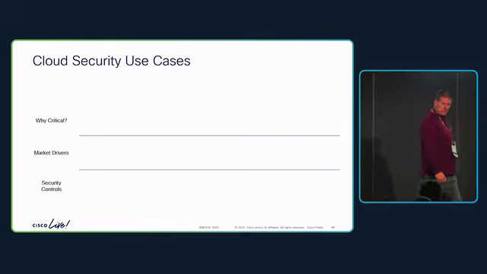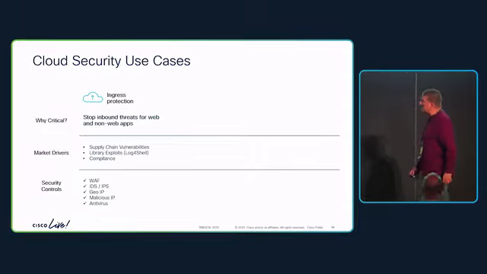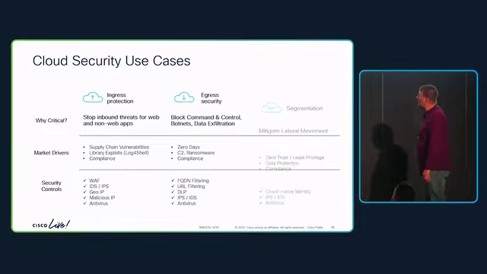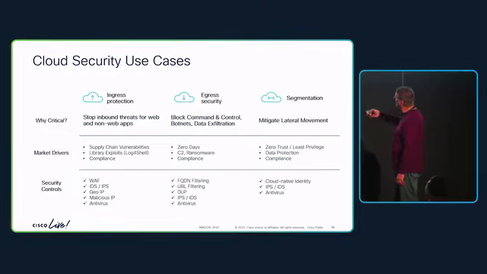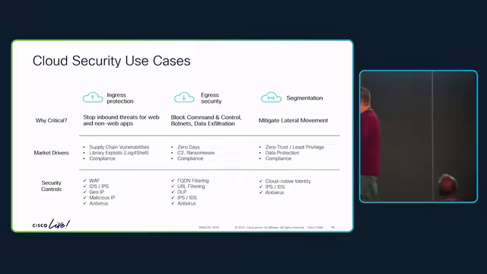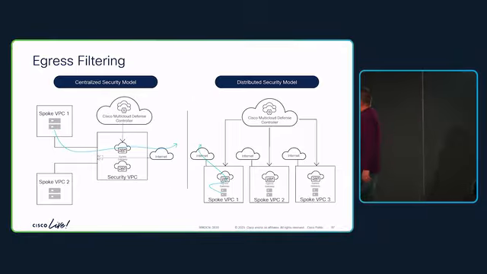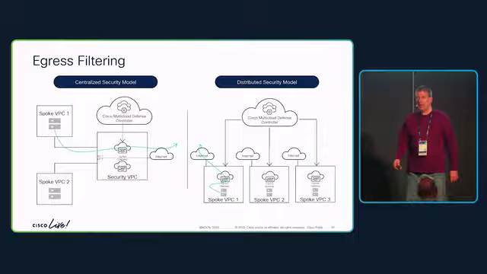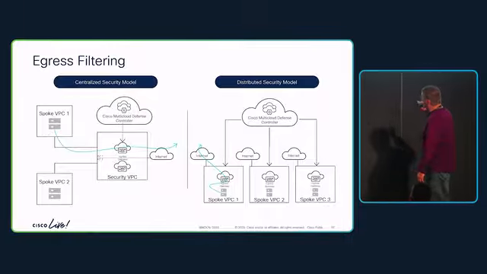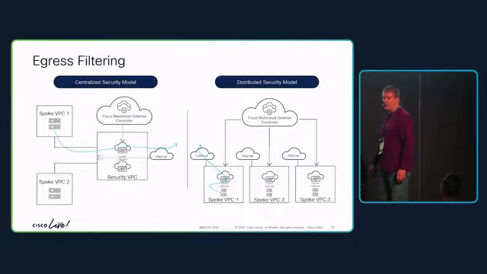So let's go through some of the use cases and how this actually looks at an enforcement level. We talked about the fact that this is largely divided into three sets of technology: ingress, egress, segmentation. So if we first look at egress filtering, and we illustrate both models. Egress filtering, let's think about this as meaning I've got infrastructure that has public-facing internet addresses.